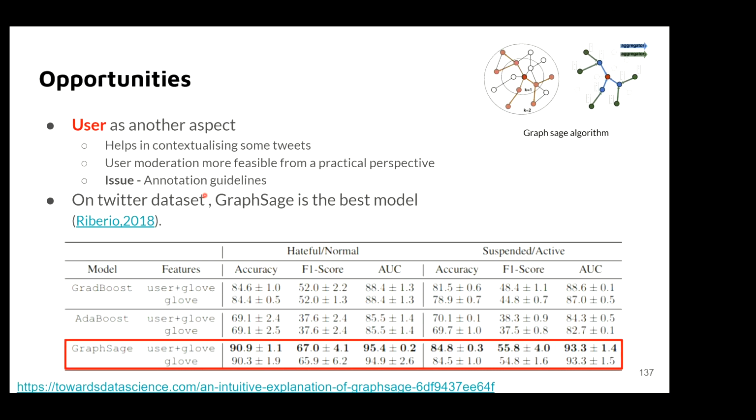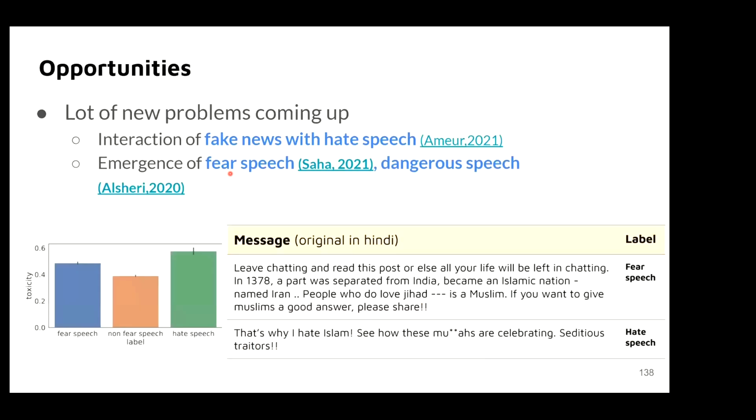Ribeiro has actually done the modeling where he has used the user information as well. The advantage here is that it helps in contextualizing some of the tweets and the user, so moderation at a user level becomes more feasible. One of the issues with this is again the annotation guidelines, like how do you tell an annotator to find something that is hateful or not.